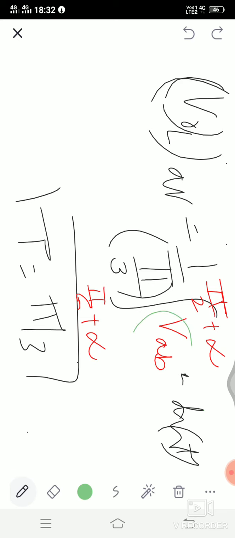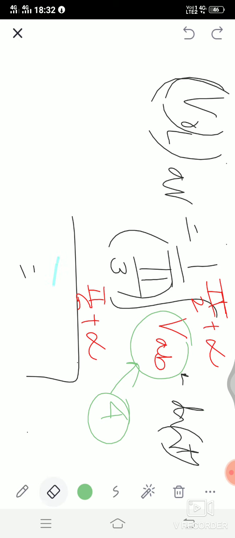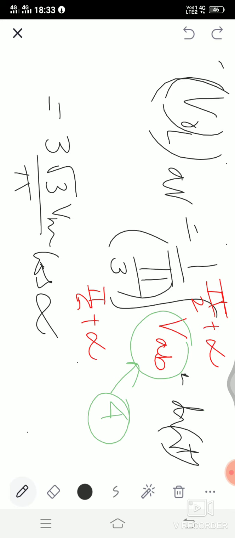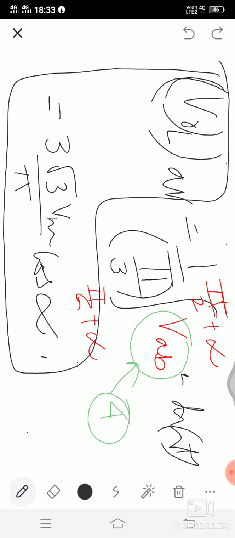Next, in place of VAB, we'll be putting equation number 4. So put equation number 4 in place of VAB, then solve it out, integrate, put the limits, and finally the answer is coming like this. So this is the formula for V0 line average, the average value of the line voltage of the output voltage.